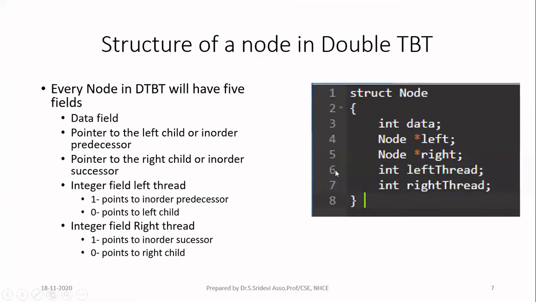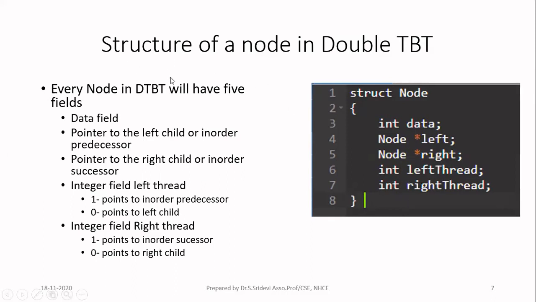Therefore, you will not have line number 6, because the left child is not used for storing information about any thread. You will have only line number 7, where you tell whether your right pointer stores information about the right thread or otherwise a normal right child. So in case of a single threaded binary tree, we will have totally 4 fields in the node.